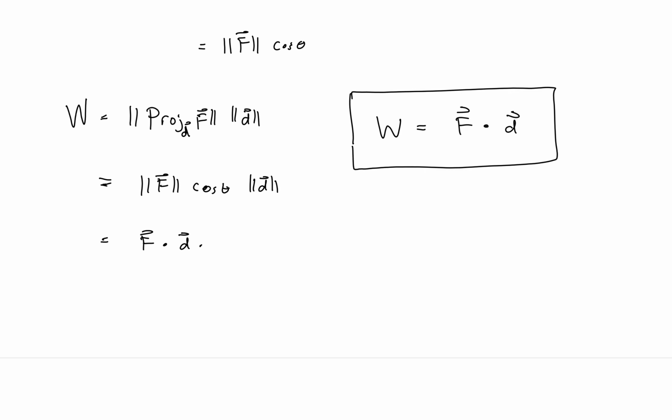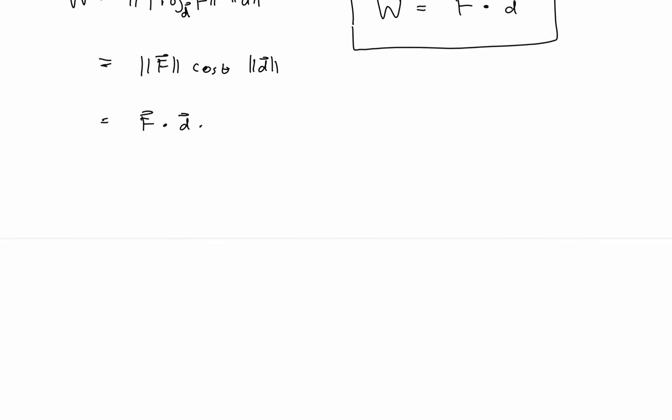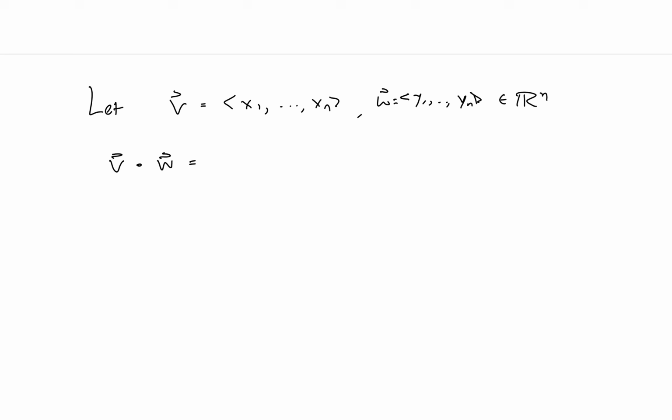So this gives us a lot of good uses for the dot product so far. Before we move on to the cross product, a couple more things. We can do the dot product in as many dimensions as we want. So let's say v is x1 through xn, and w is y1 through yn, and these are vectors in Rn, then we can define the dot product of these just like in 2 or 3 variables.